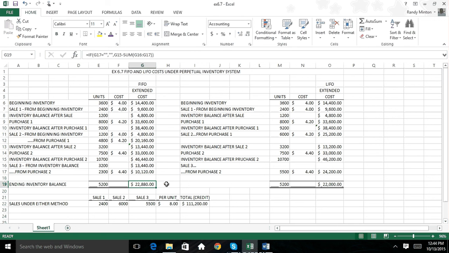And that's the reason that you can switch from LIFO to any other method without permission from the IRS. But if you are under a FIFO or weighted average or any other method going to LIFO, you must get permission first from the IRS, because you're going to reduce your tax load, and the IRS doesn't want that to happen.